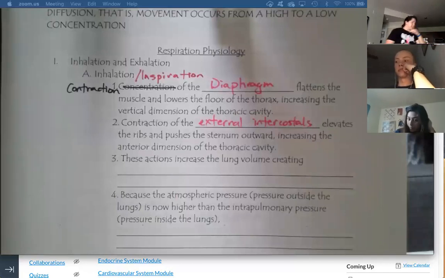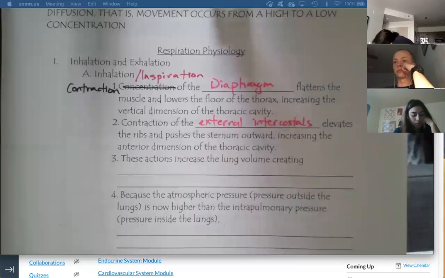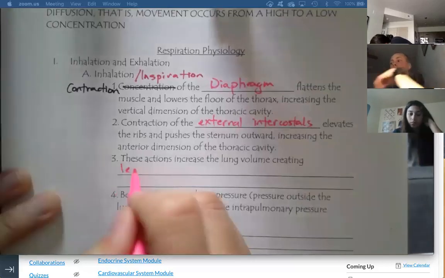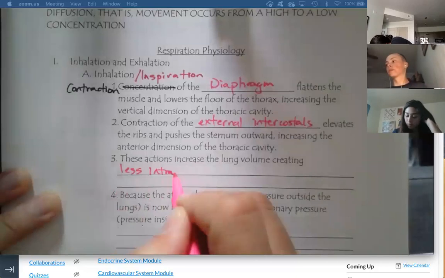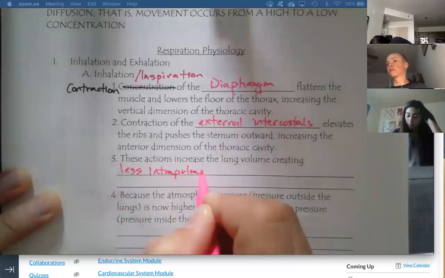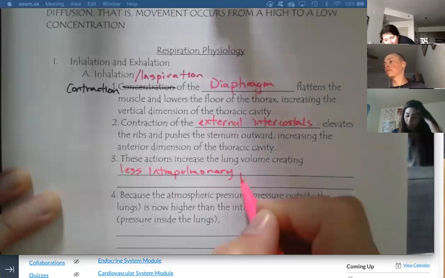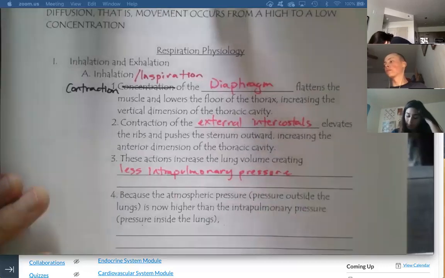So these two actions, the diaphragm dropping down and the external intercostals elevating your ribs out, are creating a larger space, which is decreasing the pressure. So creating less intrapulmonary pressure, as the gases spread out in the increased space.